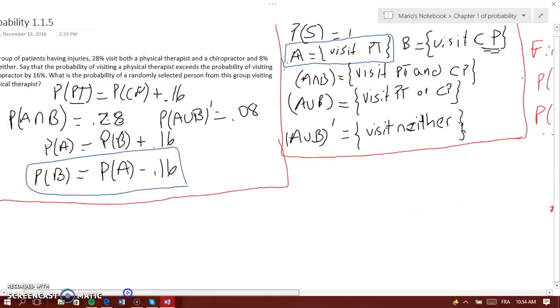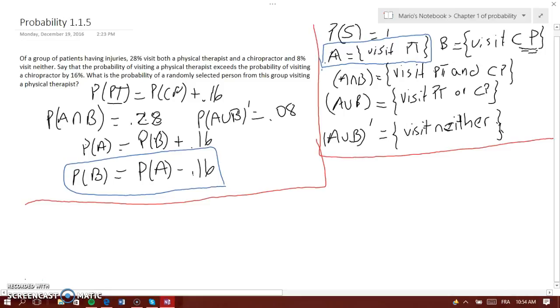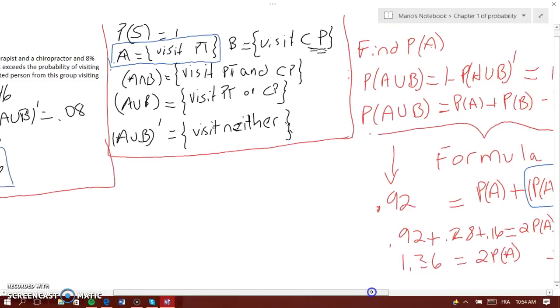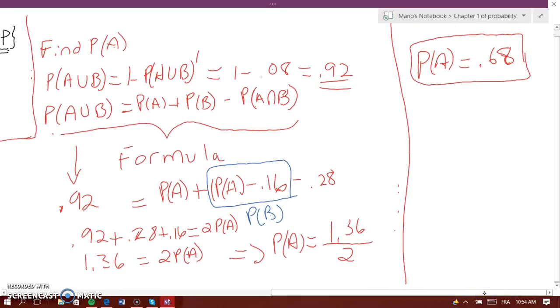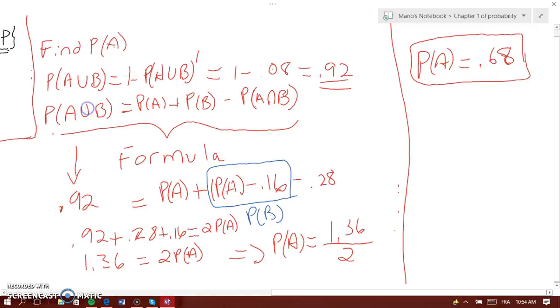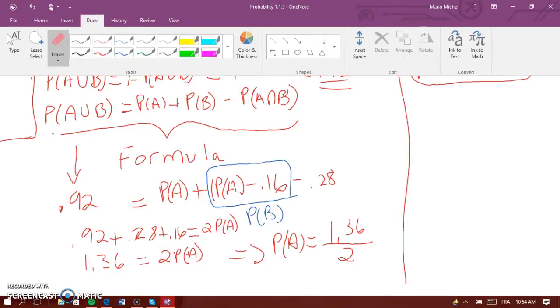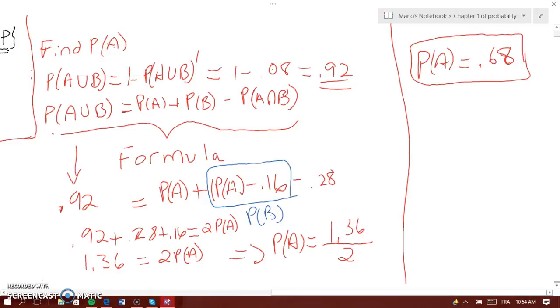Now this one you may have to go back and read it or redo it because it's not that easy. You have to know how to use the formulas, definitely, and know which formula to use for a certain type of example. So first we had only P(A union B complement), so we could find P(A union B) by doing the negative formula, which is 1 minus the complement.